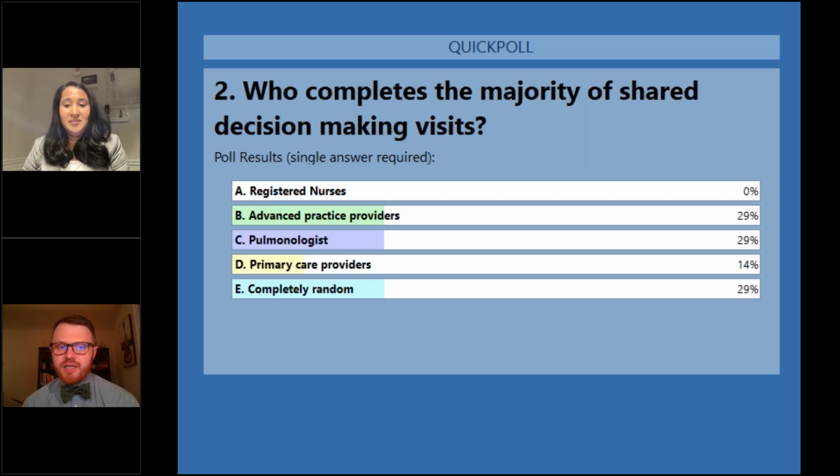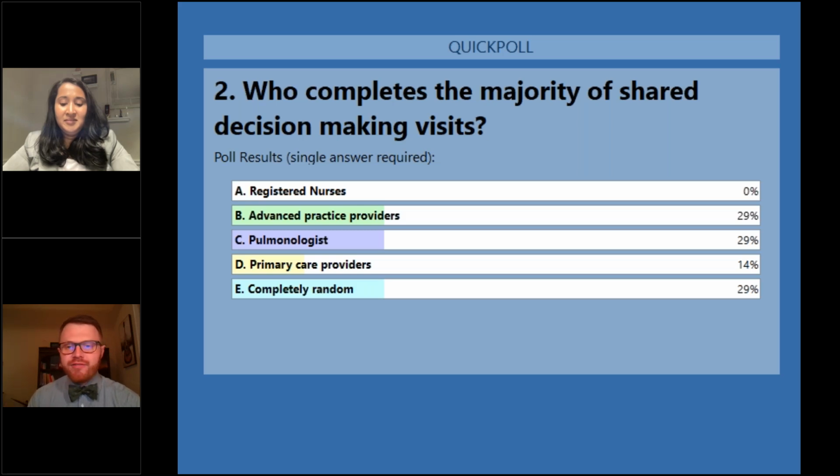So we actually have nurses in our group that do the shared decision-making visits, though predominantly it's advanced practice providers. We're in a hybrid zone right now where we're working to transition some of that work to RNs to help facilitate the need.